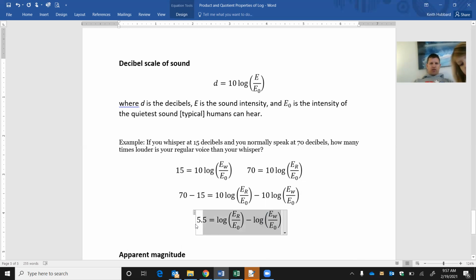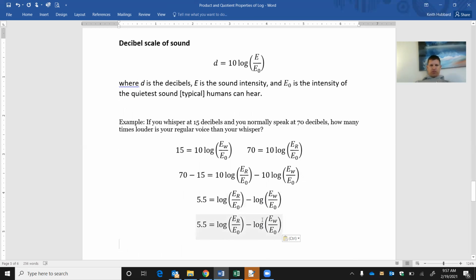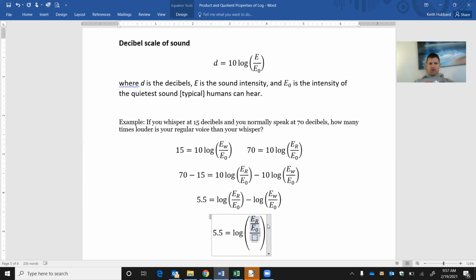So how does subtracting work? Remember, if you have the output subtracted, that's the same as dividing the inputs. So how do I write that? Maybe I write it as this divided by EW over E naught.